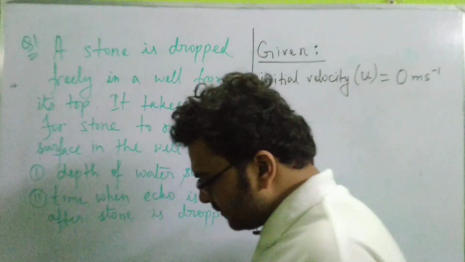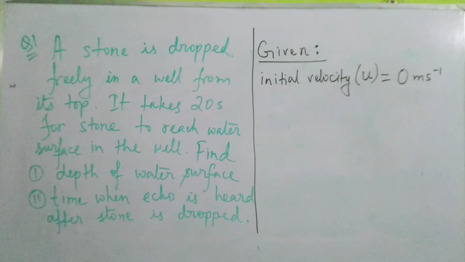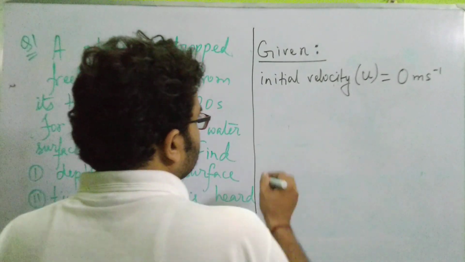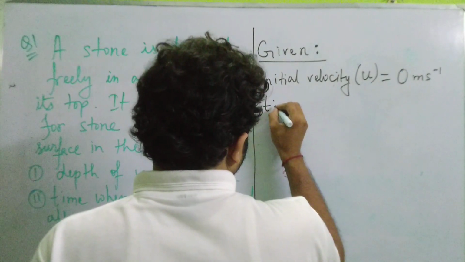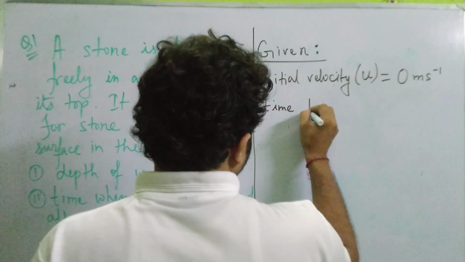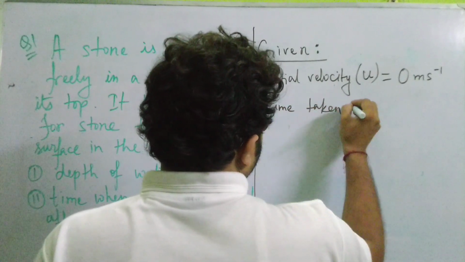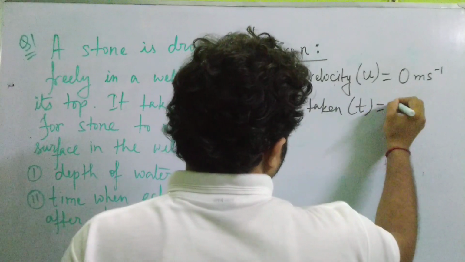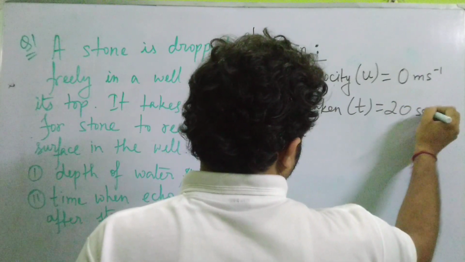This is the first piece of information. Second, it takes 20 seconds for the stone to reach the water surface, so time taken, denoted by t, is equal to 20 seconds.